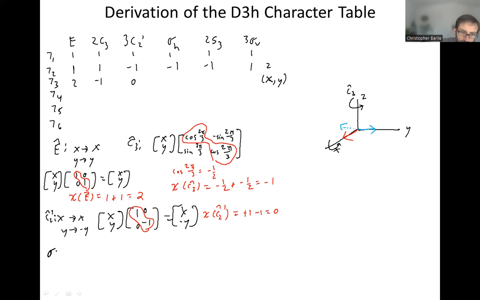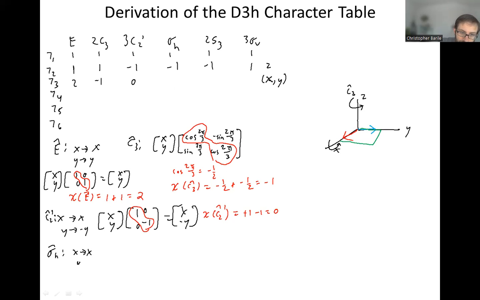What about the sigma h operation, the sigma h class? Well, remember the sigma h is in the xy plane, so it contains both the x and y vectors. If the vectors are in a mirror plane, they don't do anything.